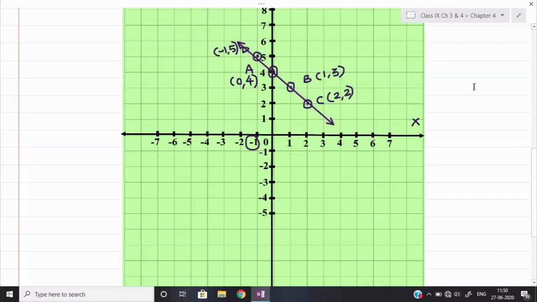You can check, I have drawn the line between all the 4 points. Okay, my last point is not exactly coming onto the line. It is just a mismatch because I have not drawn that point correctly over there. But when you draw with the help of ruler, definitely all 4 points will be coming onto the line. So this way we have completed our question number 1 first part.